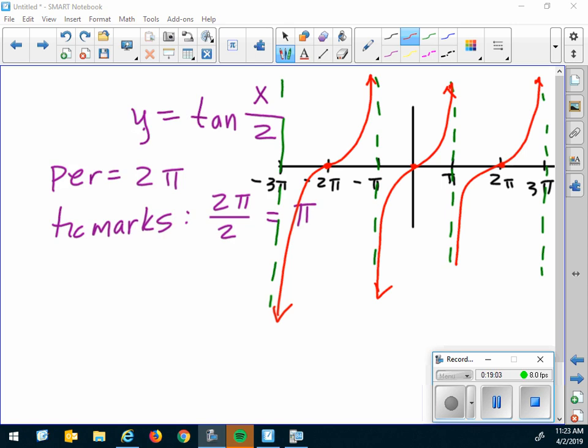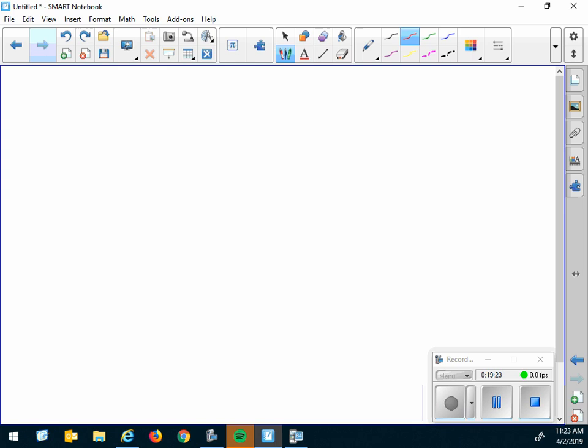Now, I'll tell you what we're going to do. We're going to graph the other 3, but we're not going to get real deep into the notes. We're just going to do some basic stuff about the other 3. So if you'll go down to number 10, cotangent. What in the world is cotangent? An opposite?